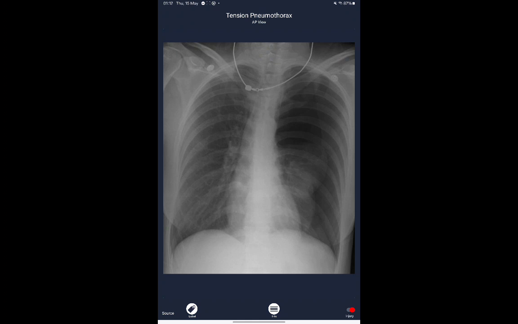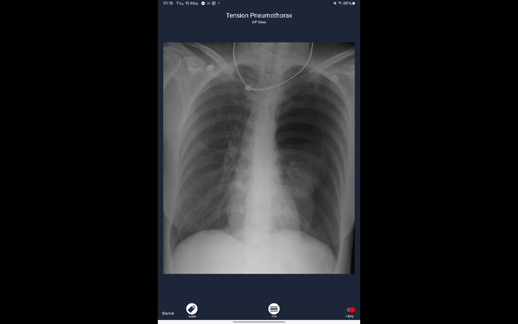The difference between tension pneumothorax and open pneumothorax: in tension pneumothorax, a chest wall injury acts as a one-way valve, making air get into the thoracic cavity without getting outside.